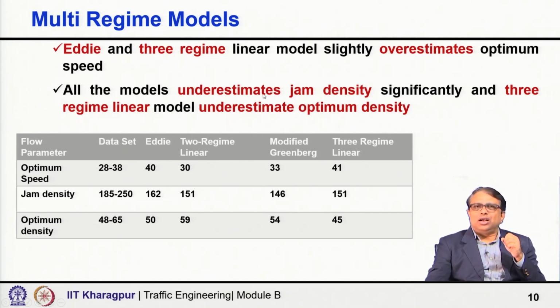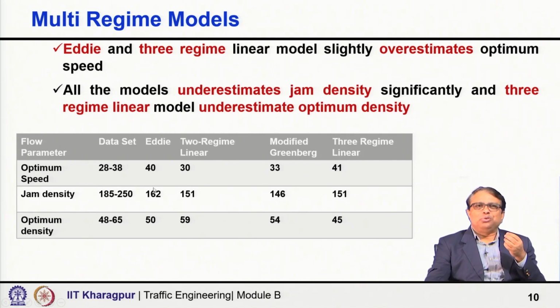All the models underestimate jam density significantly, and the three regime linear model underestimates optimum density. If we look at the jam density as per the observed data, it appears to be in the range of 185 to 250.